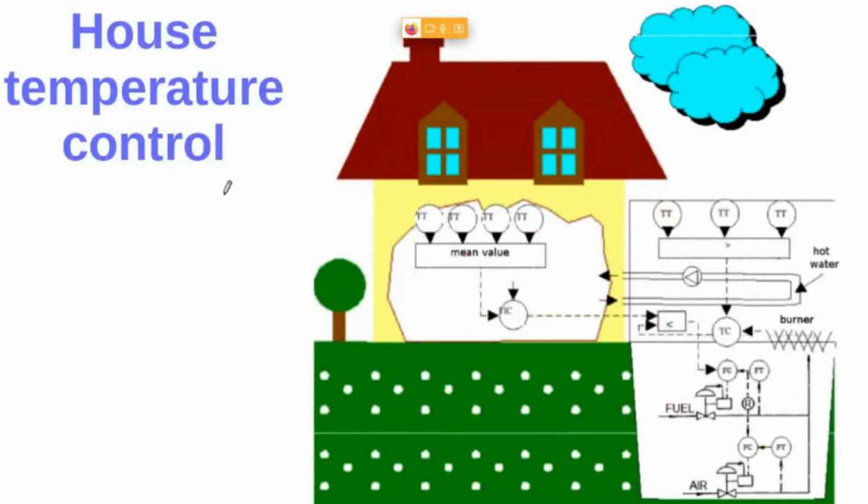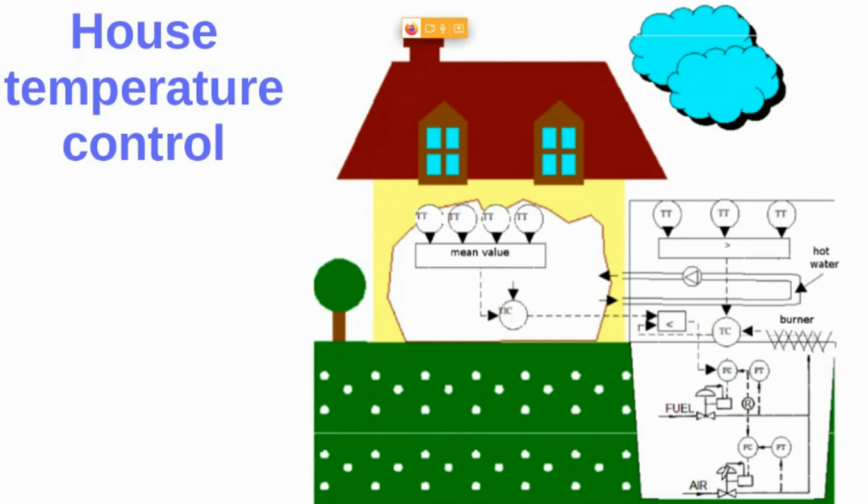Let's have a look at the house temperature control. Here, as you can see, we have inner measurements of the temperature in the house, right? Here we have several measurements of the temperature in the burner, as you can see here. And then we have the fuel admission in here, the air admission.